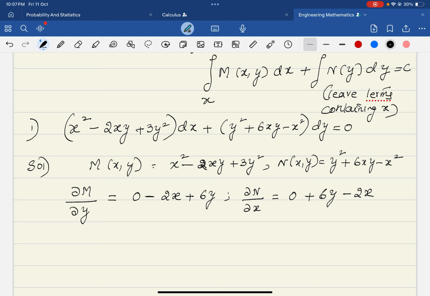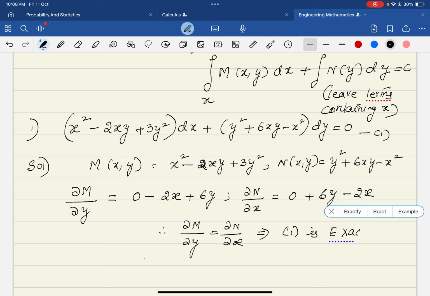Now observe dou M by dou y and dou N by dou x. Both of them are the same, right? Therefore dou M by dou y is equal to dou N by dou x. Therefore, the given equation, let us call this equation 1, is exact.